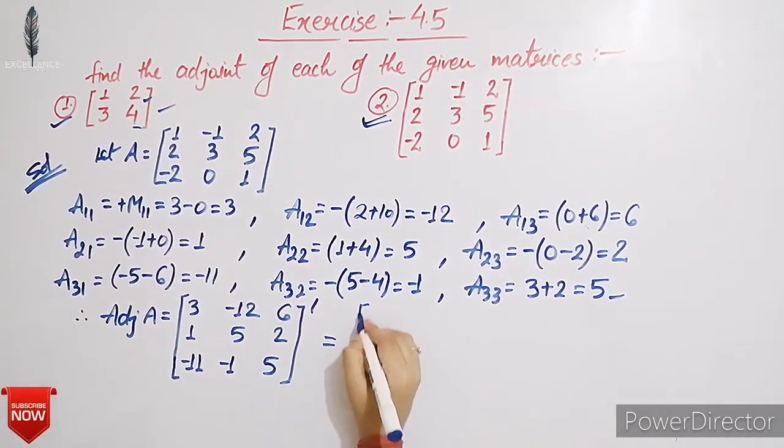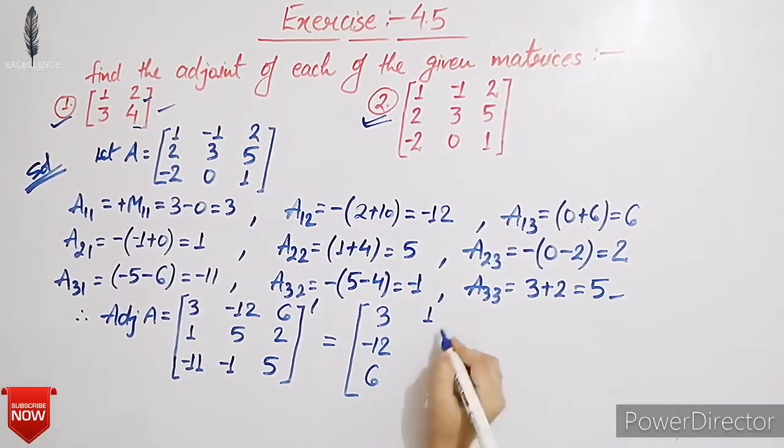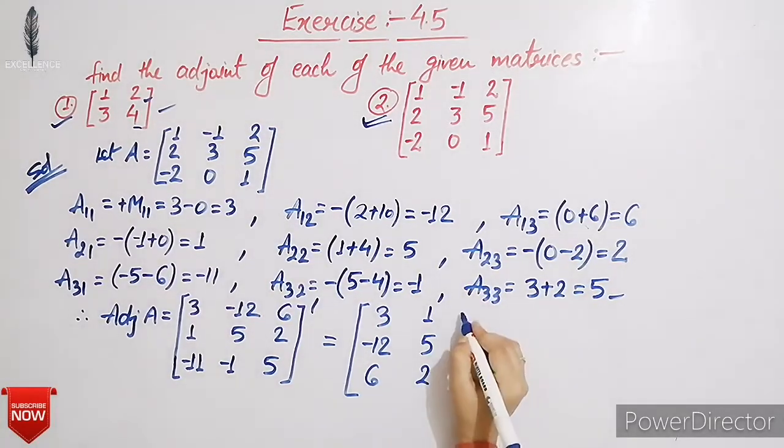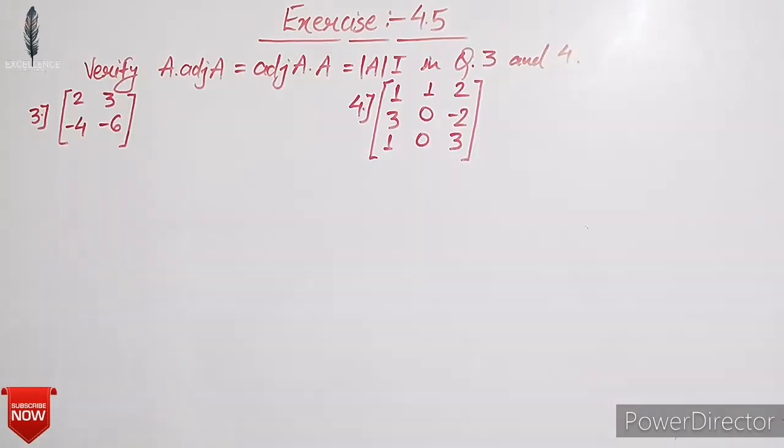So it is equal to first row change into first column, that is 3, minus 12, 6, and second row change into second column, that is 1, 5, 2, and third column is minus 11, minus 1, 5. It is the required adjoint of this matrix. Okay, clear? Let's see the next question.